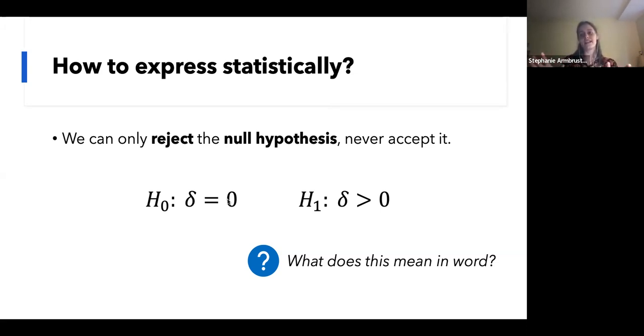What is controlled is how often we still reject our null hypothesis, but not how often we accept it. So that's why you can only reject, not accept, the null hypothesis. Good. Just quickly pausing in case there is any question here. Otherwise, I will move on.